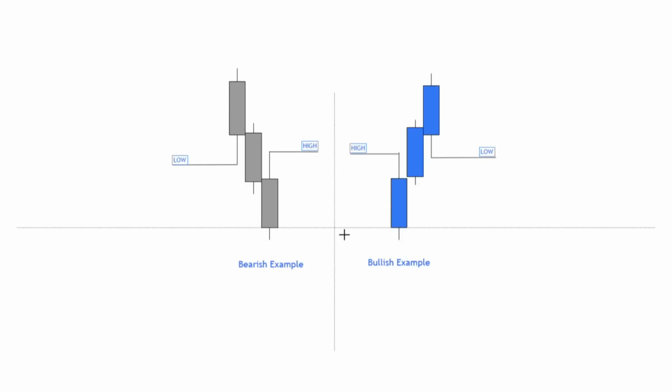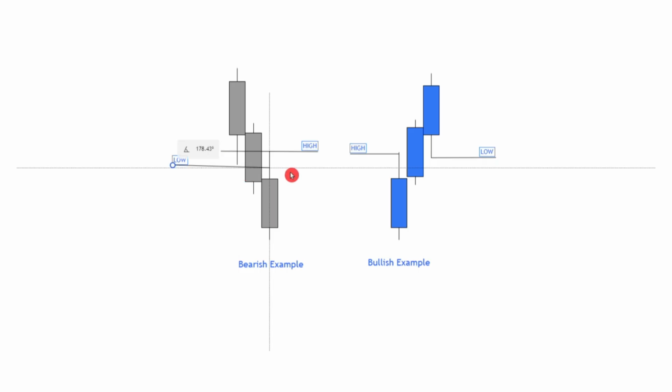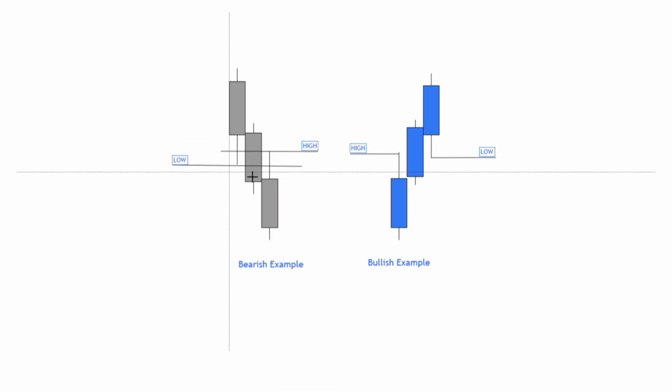On the other hand, let's look at what does not qualify as a fair value gap. Suppose the first candle's low and the third candle's high extend to each other. In that case, the price action overlaps, eliminating the gap because there is no inefficiency between those three candles. This setup would not be considered a valid fair value gap. The same rule applies in the opposite direction.